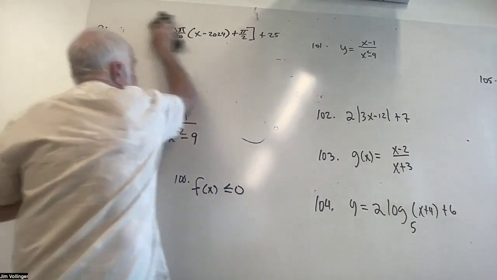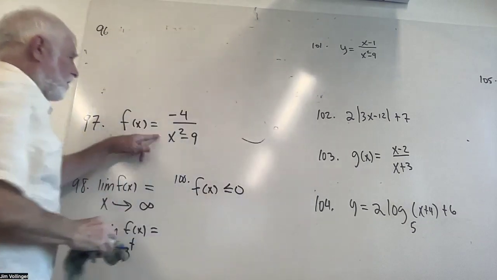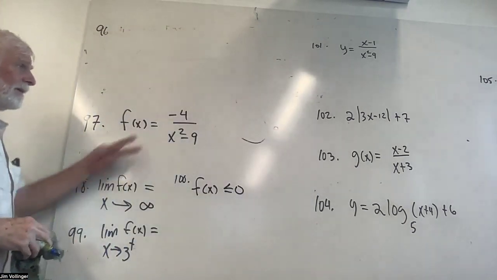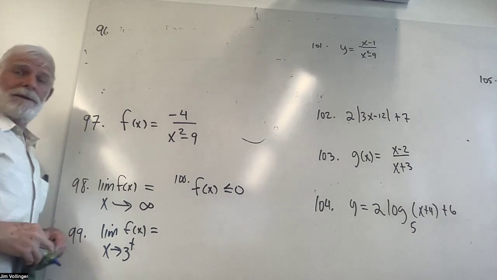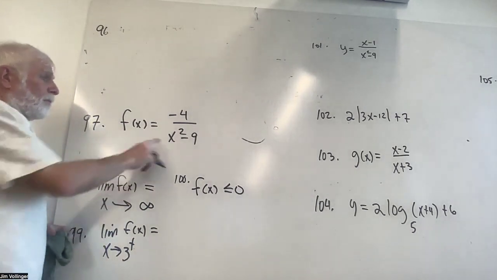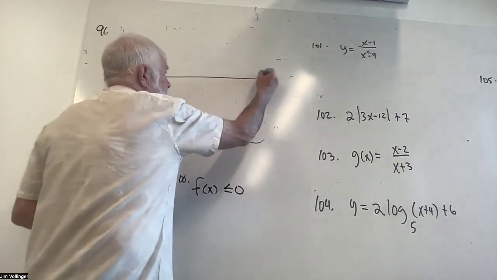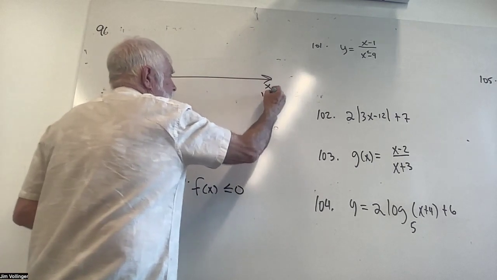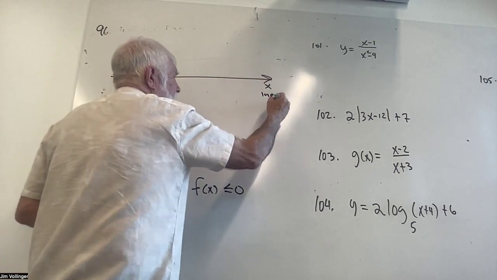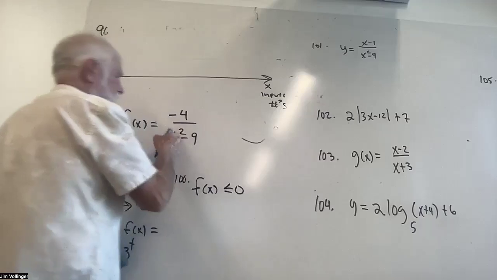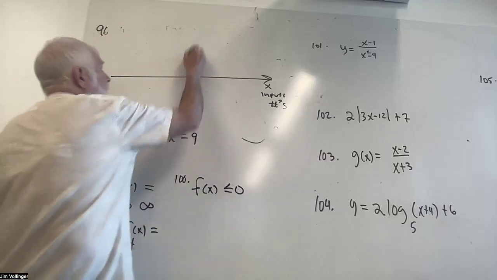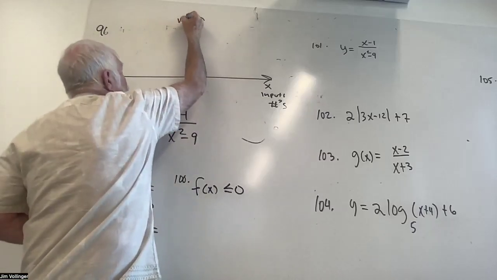Because I'm getting tired. All right, so we talked about that today in class. This is a fraction. All right, so what do you put numbers in for x? Inputs, numbers. We're going to put numbers into this fraction, and we're going to get values out.